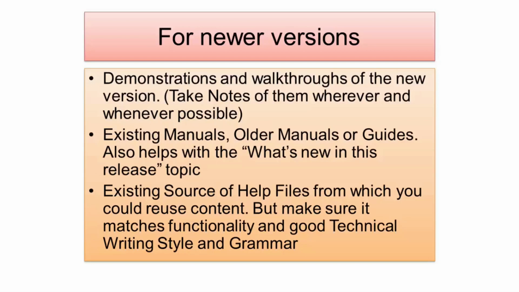Newer versions of the help manual may also include a "What's new in this release" topic, and comparing the functionality explained in the content of older manuals with the new functionality of the product you are writing about could provide you with information for this topic. Also, from older versions, you could reuse content. When you reuse content, make sure that the functionality explained in the help documentation matches that of the current version of the application or software you are writing about.